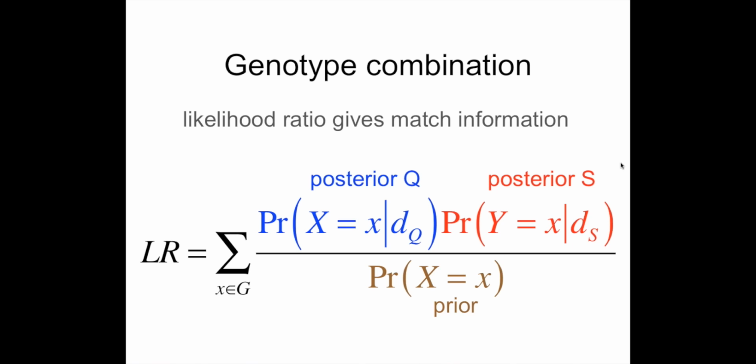It could be from a crime scene or reference sample, and that by multiplying them together to determine their match strength relative to the denominator, which is the rarity or the prior probability in the population and adding up all the different allele pair possibilities, genotypes and through their probability distributions can be combined in a likelihood ratio once you have them for single contributors.